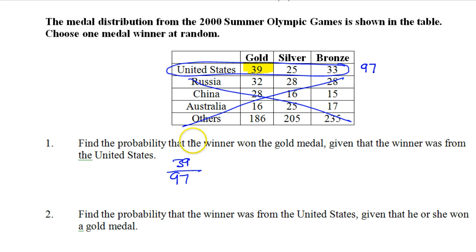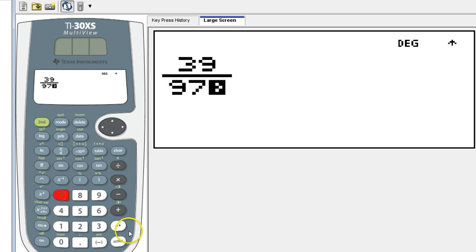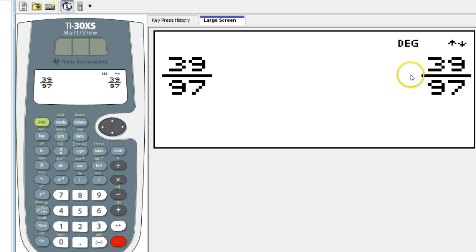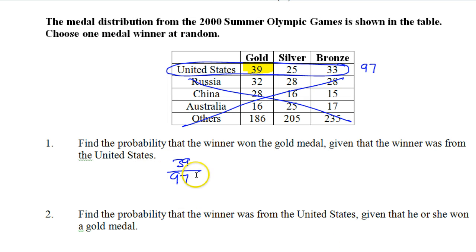That probably does not reduce, but let's just check it out. 39 over 97, it does not reduce. So you could write the probability just like that. Of course, you could also put it as a decimal.